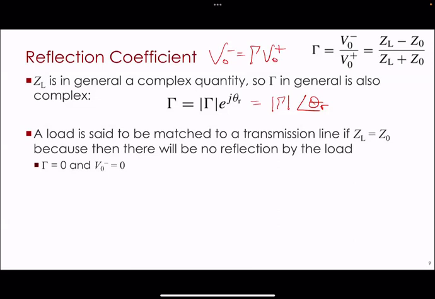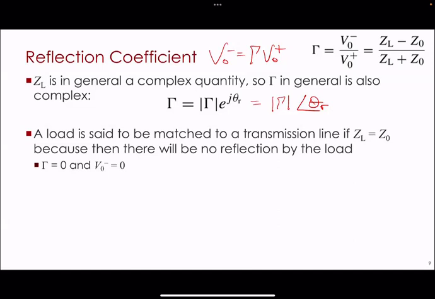So when ZL equals Z naught, the numerator goes to 0, which makes gamma equal to 0, which makes V0 minus equal to 0, which means there's no reflected wave, which is often what we want. This is called matched, when you have a load that's matched to the line.